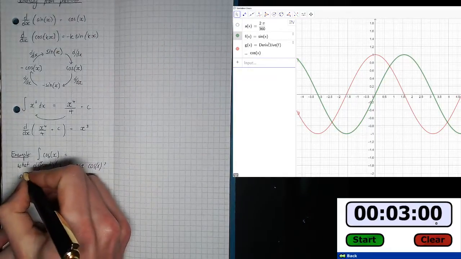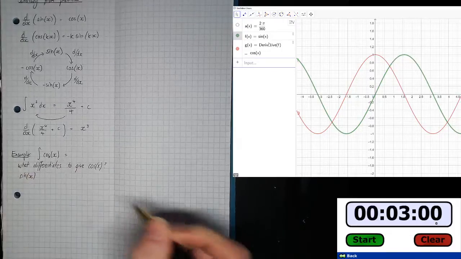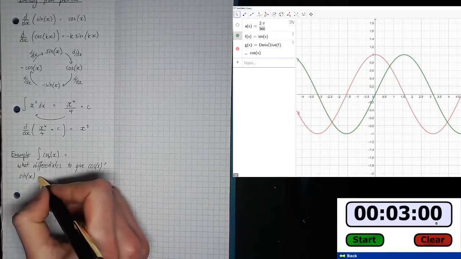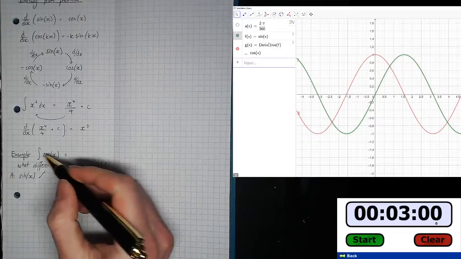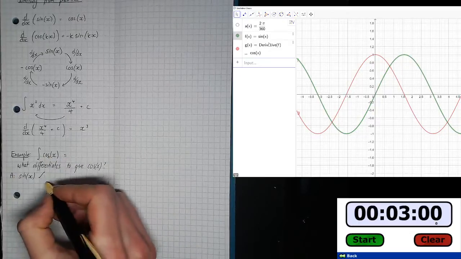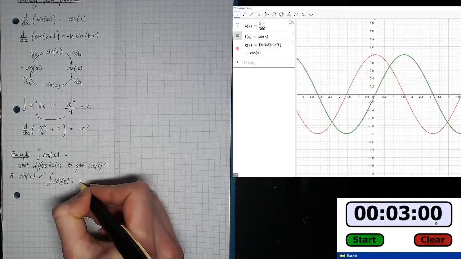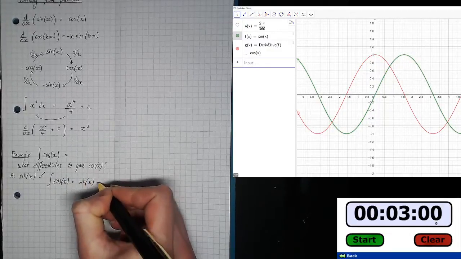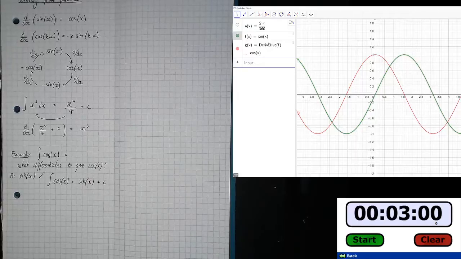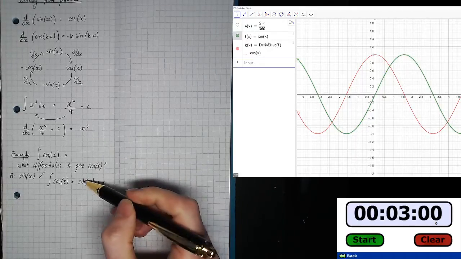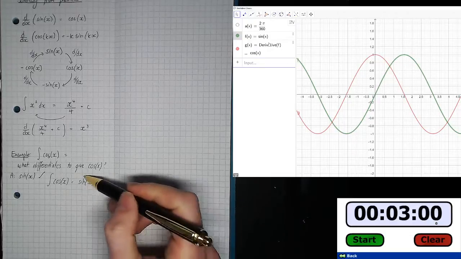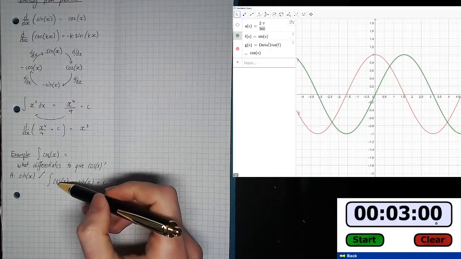Okay. So when we integrate cos x, what we're actually going to get is sine x plus our constant of integration. And that is because if we were to differentiate sine x plus c, we would get cos x.